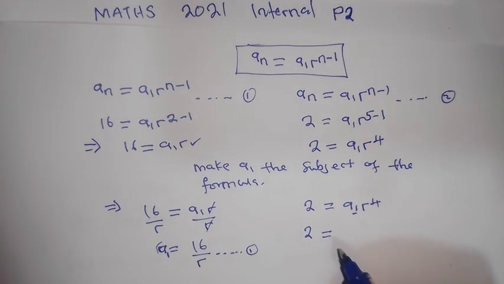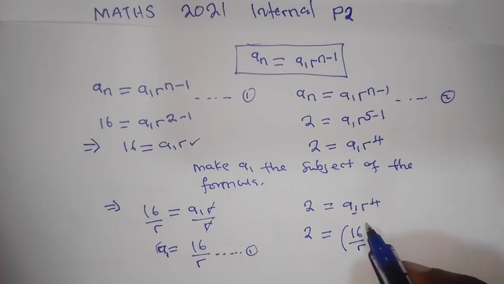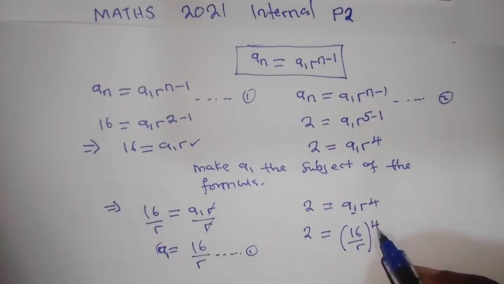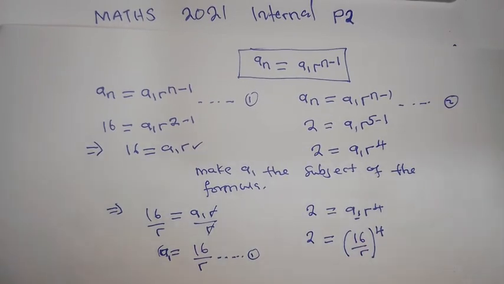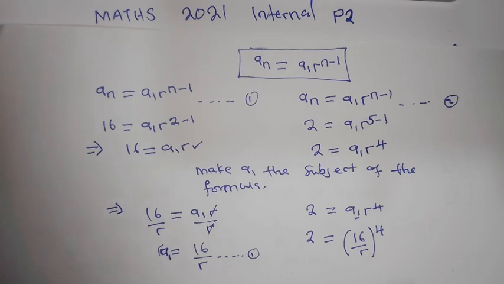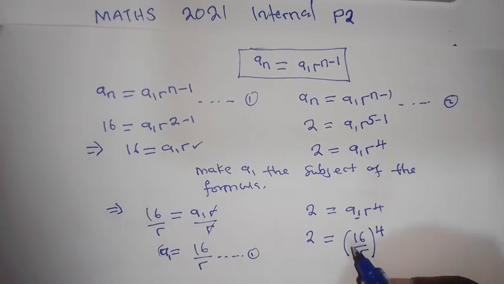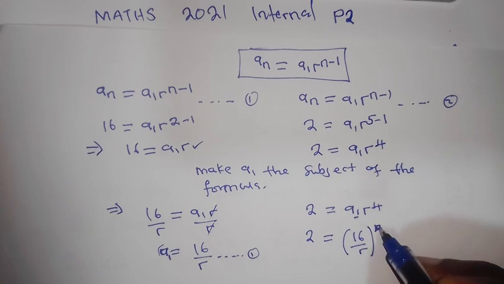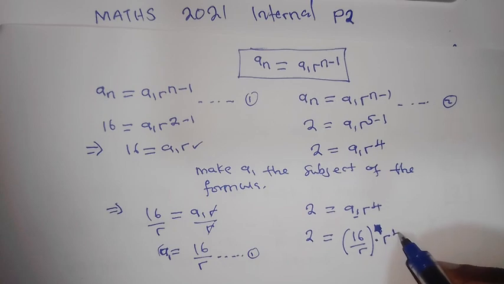So 2 is equal to open bracket 16 divided by r, close the bracket, to the power 4. Now we have forgotten this power is multiplied by r to the power 4.